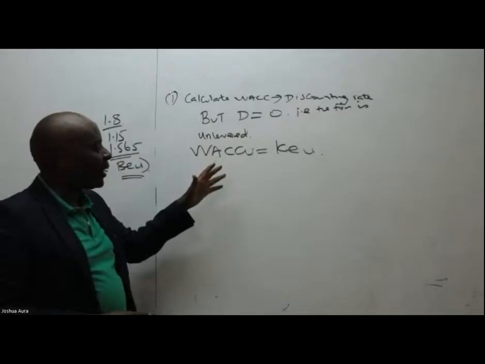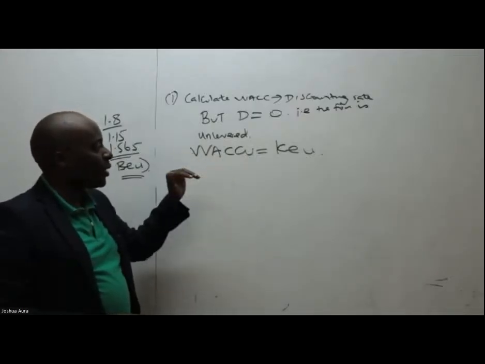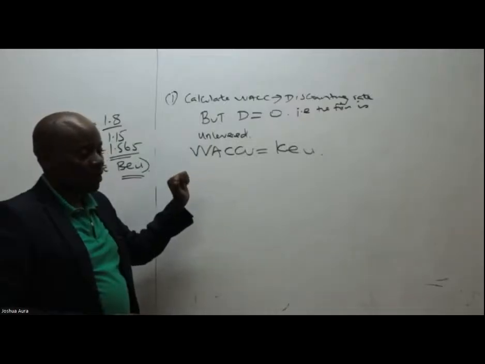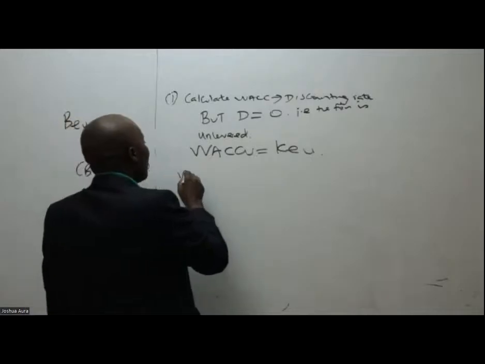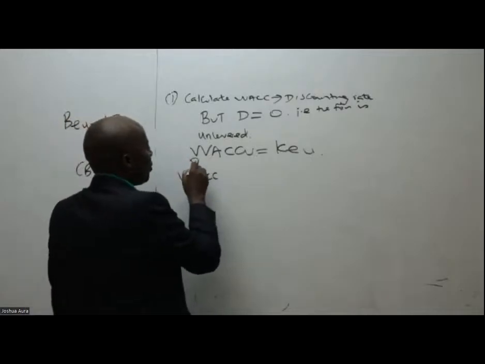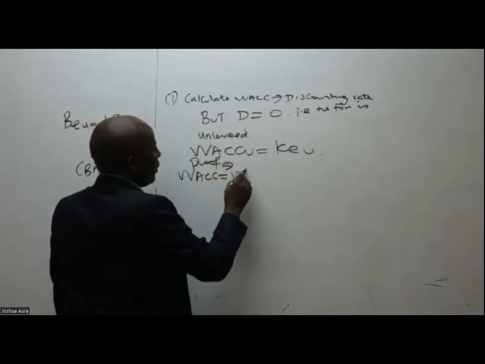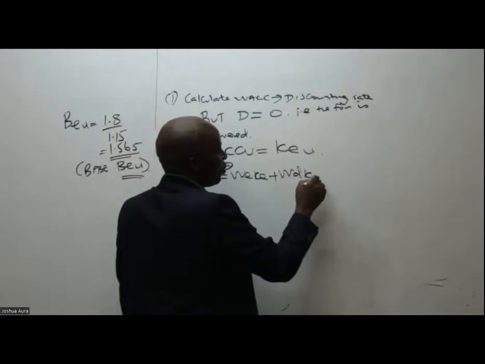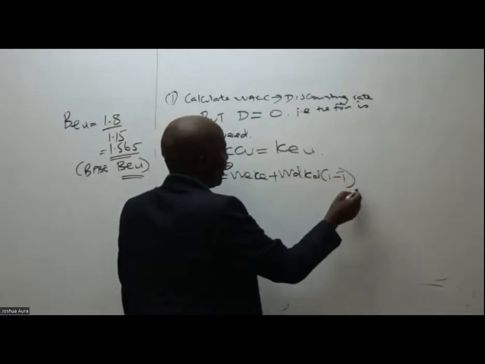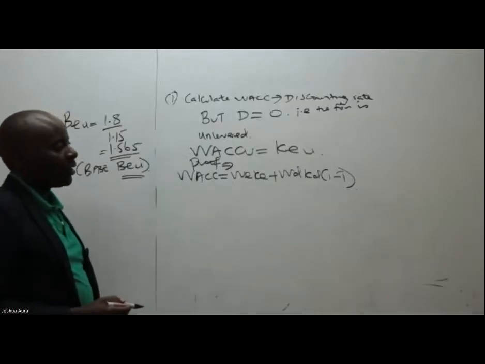Some students sometime back here told me WACC U equals something else. No, it's WACC U equals Ke U. And we can prove this. To get WACC, we take weight of equity times cost of equity, plus weight of debt times cost of debt, times 1 minus tax.